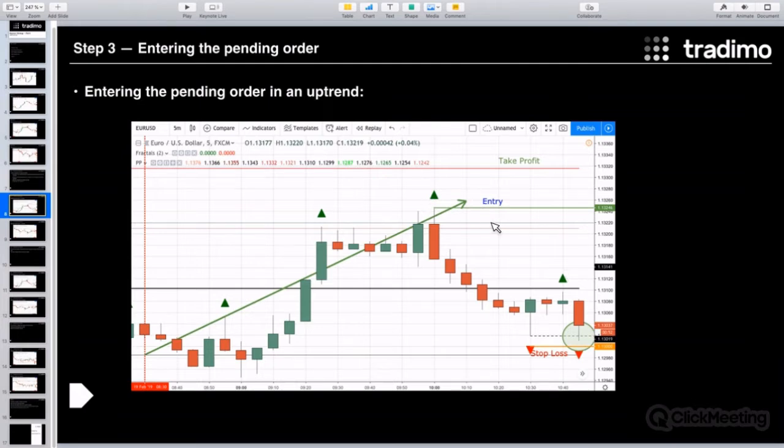The next thing we need to do is to set our stop loss. And for the stop loss in an uptrend, we take the last confirmed down fractal. And this here is a down fractal, the last one, the most recent one. And it is already confirmed because 2 candles to the right-hand side are closed.